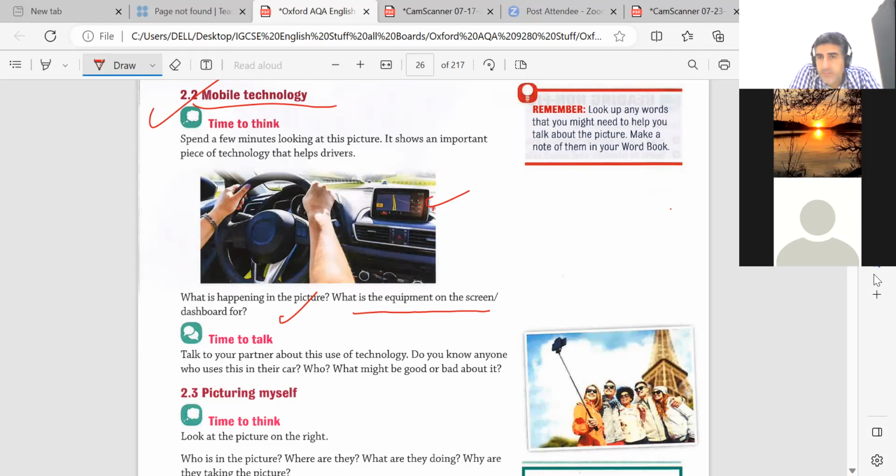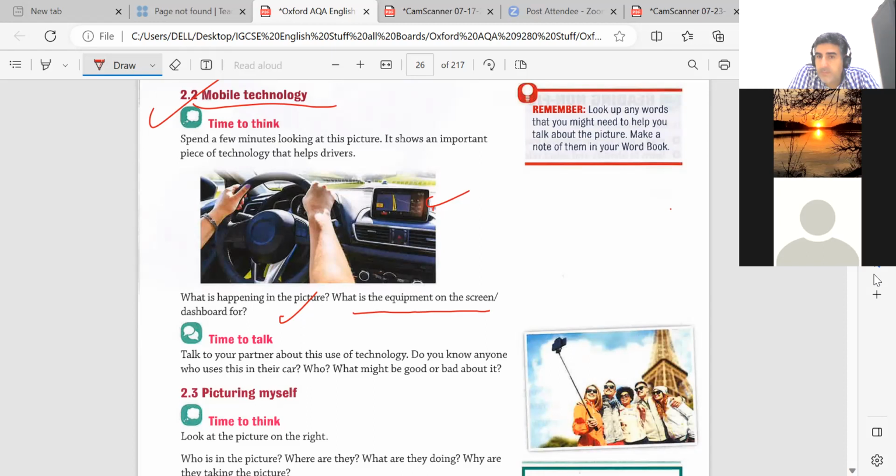Yes, the picture is clearly showing a man driving a modern vehicle using a modern mobile phone. There are advantages and disadvantages of using a mobile phone. It can show you the way or the place, the location you want to go.